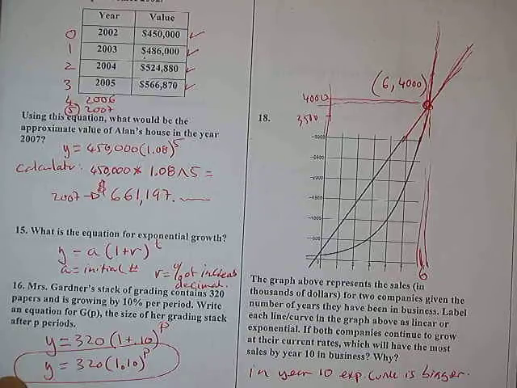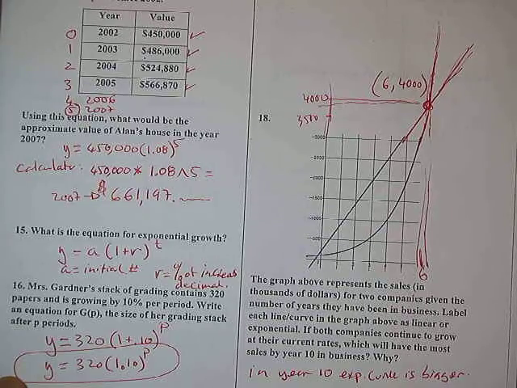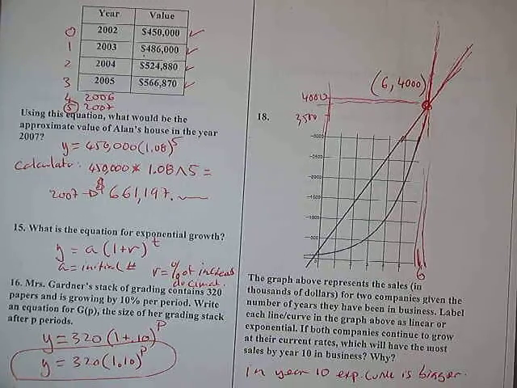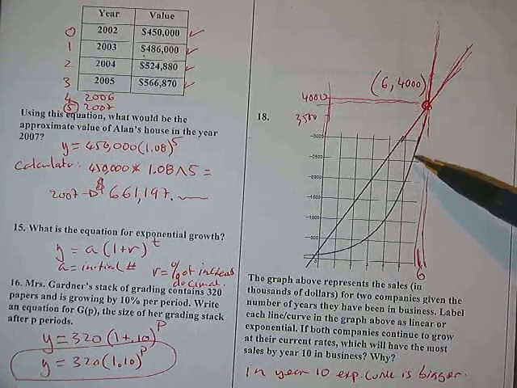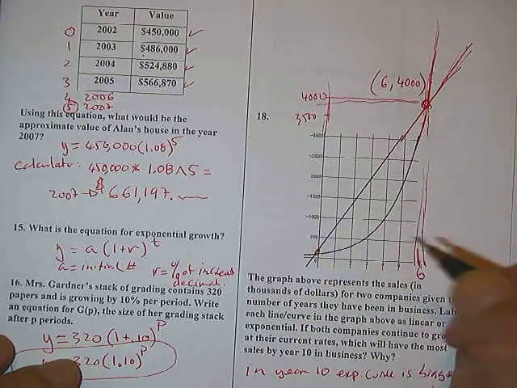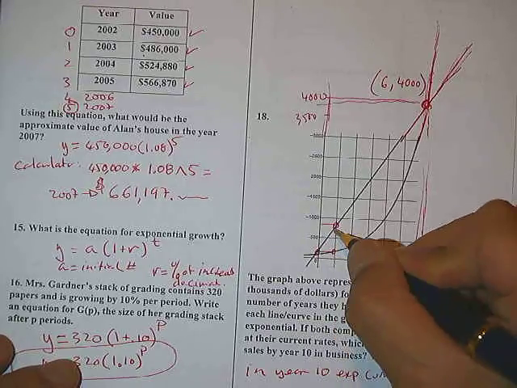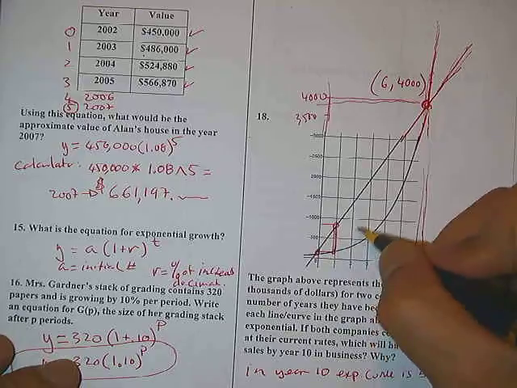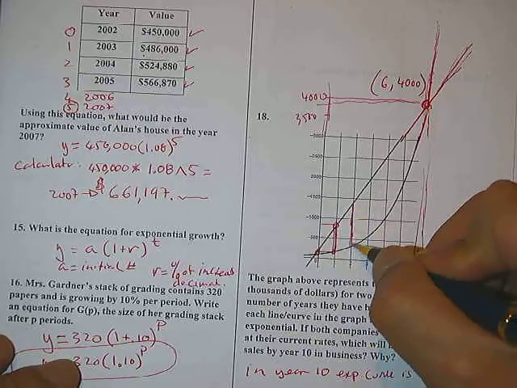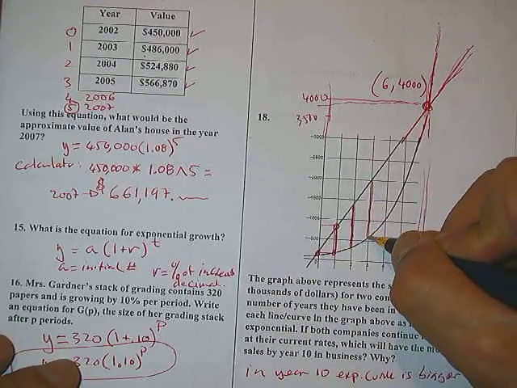But after year 6, you can see the exponential growth is going to be way, way faster than the linear growth. You can see that's a big difference in increase. So in year 10, the exponential curve is bigger.